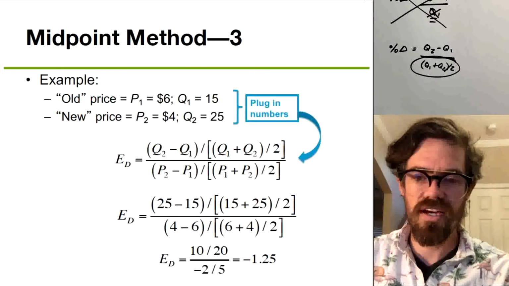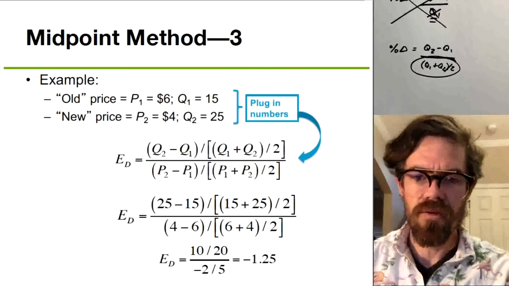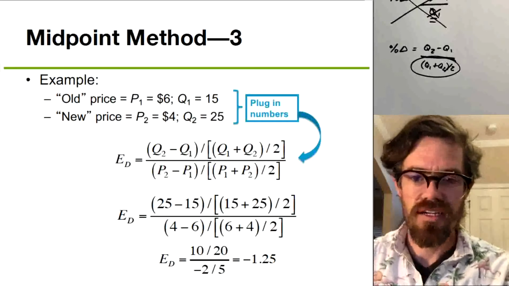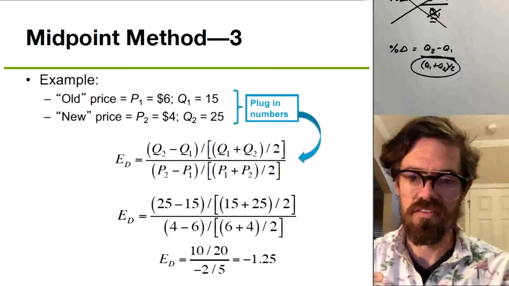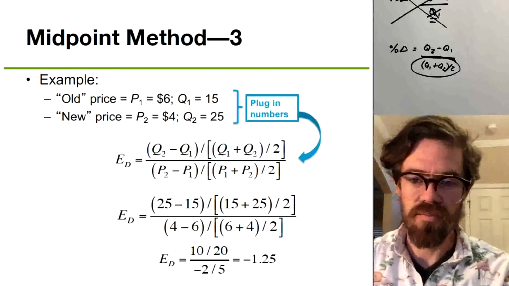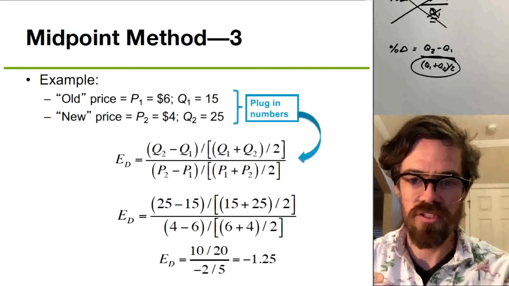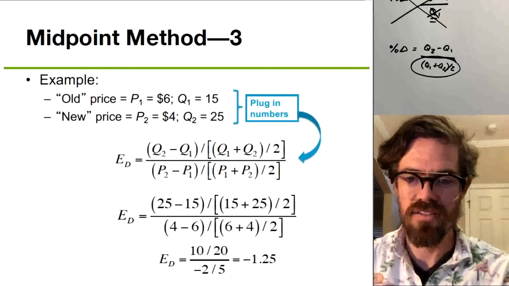So here we go. We've got some numbers for a numerical example. So the old price is $6. The initial price is $6. And at a price of $6, there's a quantity demanded of 15. And then if the price goes down to $4, the quantity demanded goes up to 25.